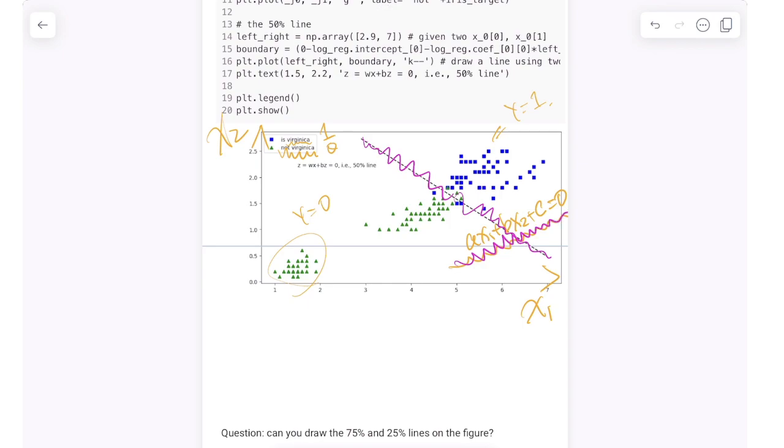If it is larger than 0, for example, this data point is x1, x2, and you put this value in ax1 plus bx2 plus c, it is larger than 0, that means it's classified into y equals 1. If it's less than 0, that means your class is 0. Sometimes we simply draw this line, which is good enough because this boundary line specifies which data point belongs to class 1 and which belongs to class 0.